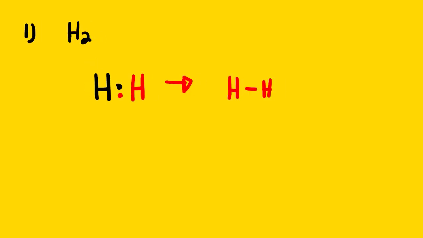So the octet state means that it needs to reach a valence of 8 electrons. So you can see that we only have 5, and then in order to get to 8, we need an extra 3 electrons.